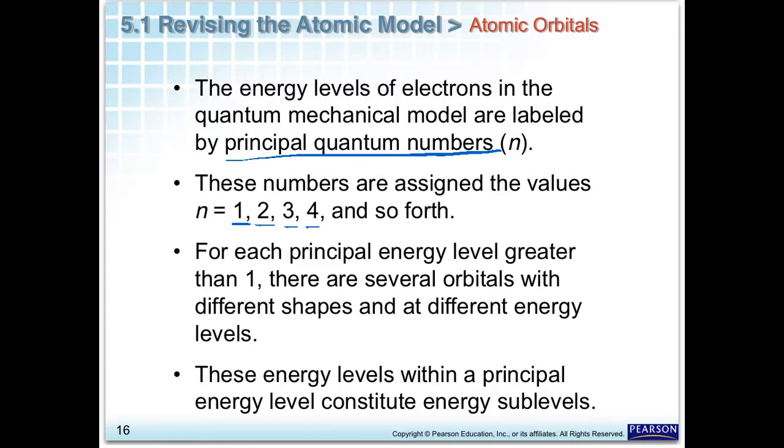For each main or principal energy level, there are several orbitals with different shapes and different amounts of energy. And these different shapes within the principal or main energy level make up what we call sublevels. So there's the main level, which is the principal, and then there are sublevels where we find the orbitals as well.